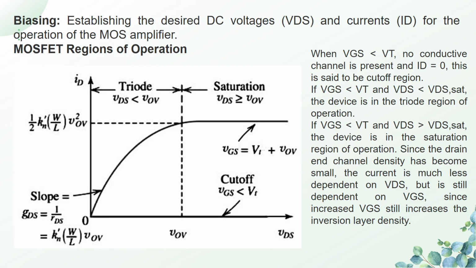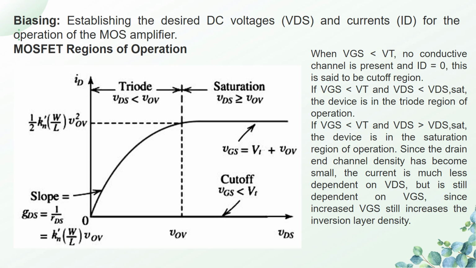And next consider the case of triode region. Under this region the voltage VGS should be greater than VT and the voltage VDS should be less than VDS saturation. So the device is in triode region of operation. Now come to the saturation region. Under saturation region again VGS is greater than VT but VDS is greater than VDS saturation.